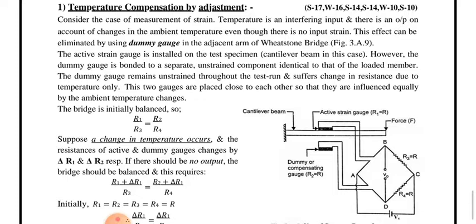Suppose a change in temperature occurs and the resistances of the active and dummy gauges change by delta R1 and delta R2 respectively. For there to be no output, the bridge should remain balanced, and this requires (R1 plus delta R1) upon R3 equals (R2 plus delta R2) upon R4.